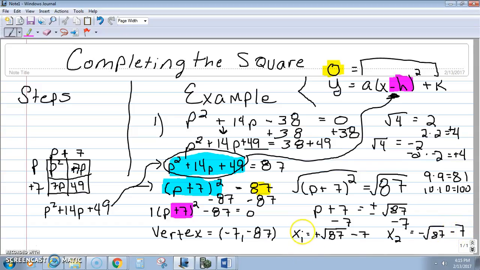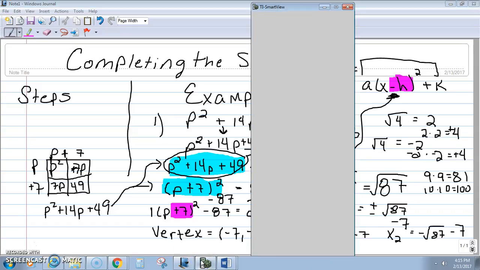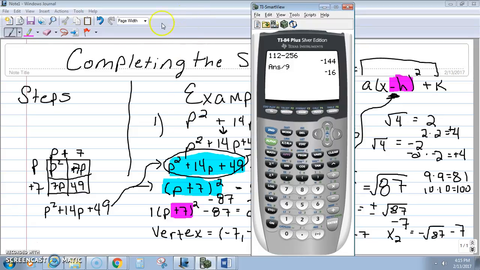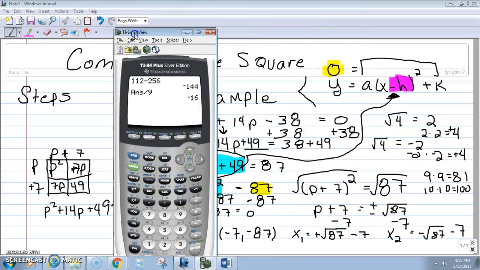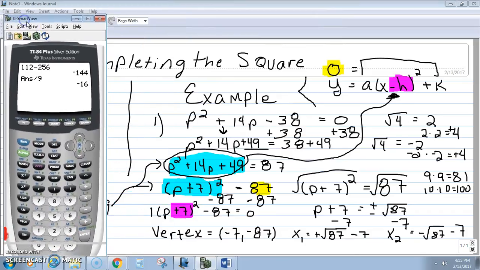So you can type that into your calculator, and I hope you remember that if I don't have an exact answer, the default is to round to the hundredths, so that's what we're going to do here.